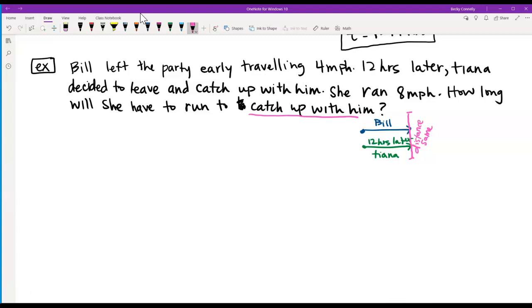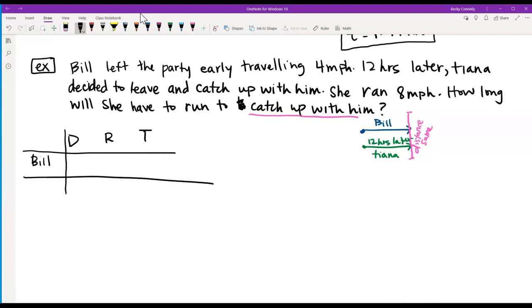So let's set this up, and I want you to try and set this up. Let me give you just a minute, because sometimes it takes a minute to think through what we know. Look back at the last one to help you think through it, and just try something. So what do I know about the distance, the rate, and the time?